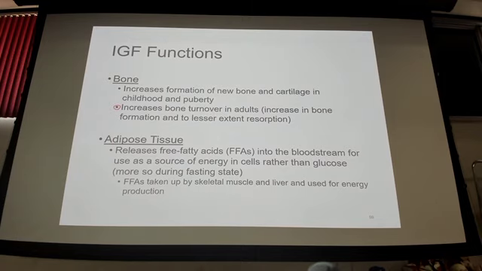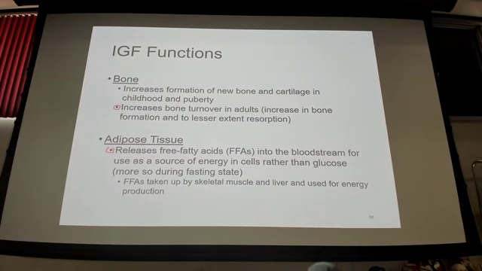Adipose tissue. One of the things that IGFs do, especially in a fasting state, is help regulate energy and help regulate glucose levels, all right? So, everybody here has heard of the keto diet, right? Ketones are released as a result of fat metabolism. In fasting states, you turn to adipose tissue because you have an insufficient amount of glucose being taken in exogenously.